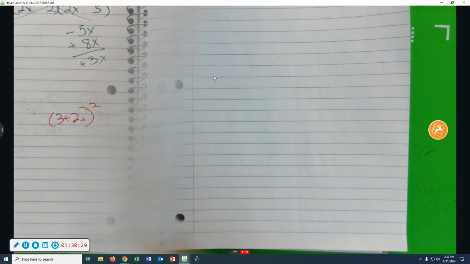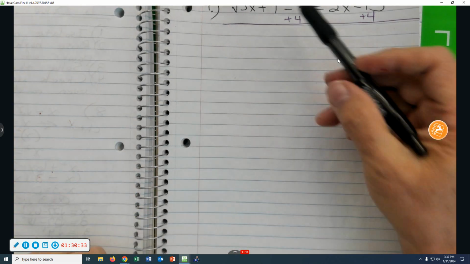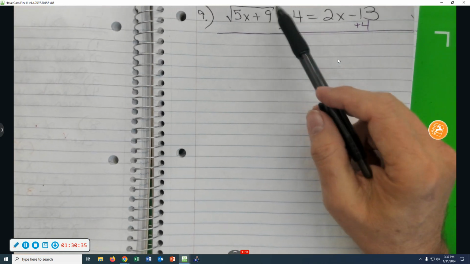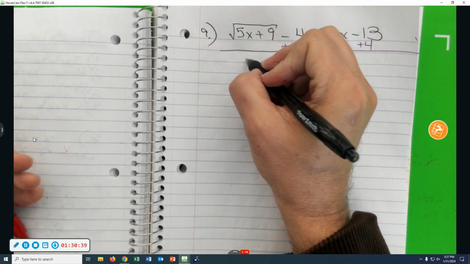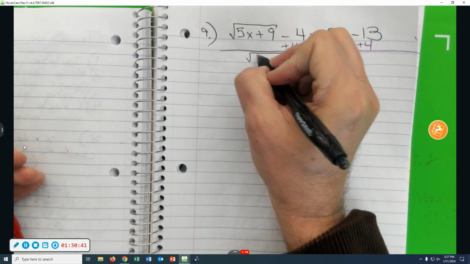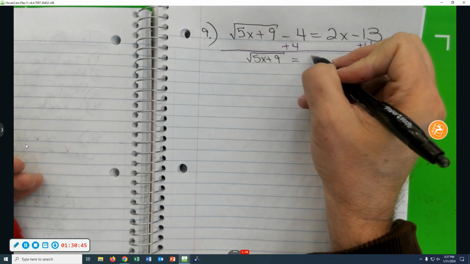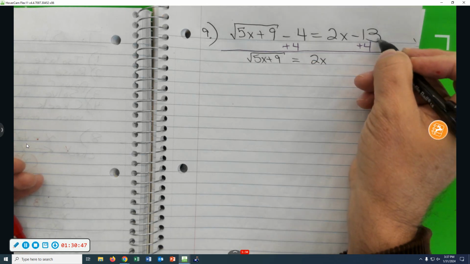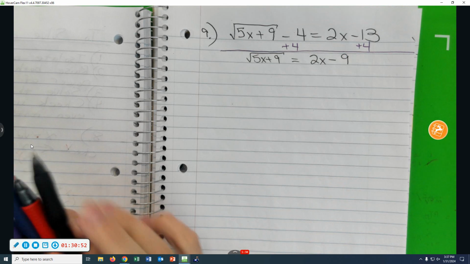Before you raise both sides to a power, you must isolate a square root, a radical. In this case, there's only one radical. So we have the square root of 5x plus 9 equals 2x, negative 13 plus 4 is a minus 9.